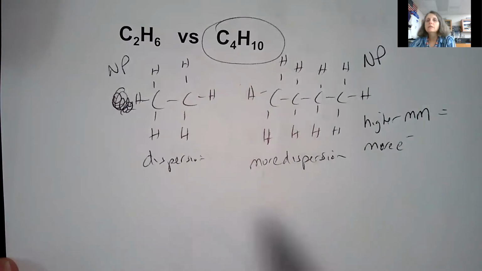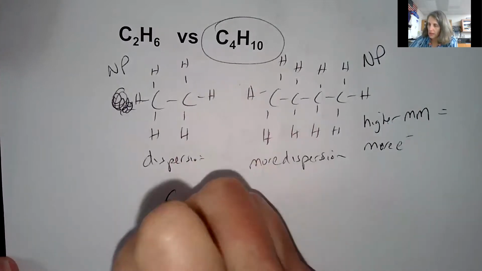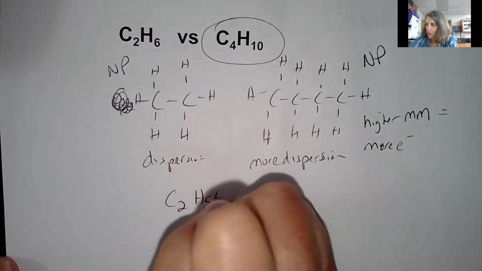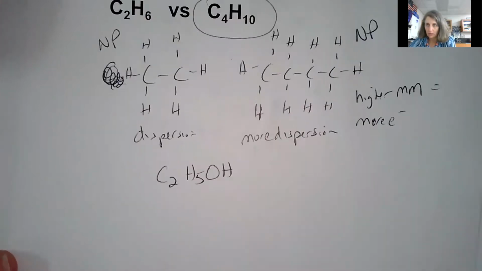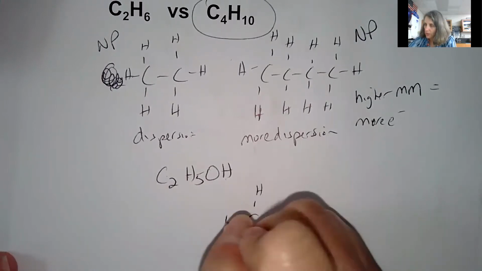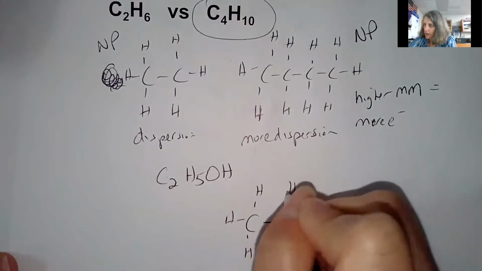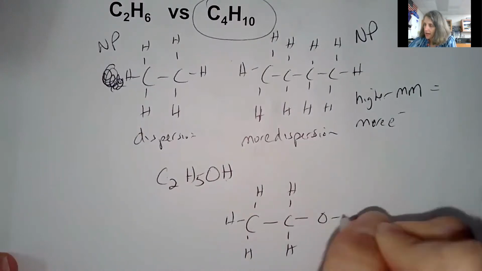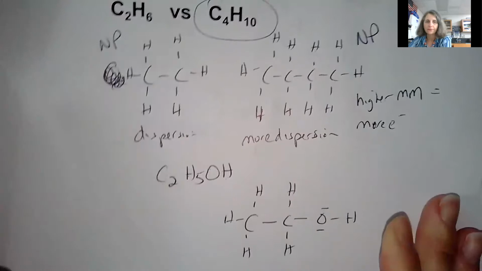So in conjunction with that, okay, another molecule, C2H5OH: 2 carbons attached, and then I'm going to put 3 hydrogens here and 2 hydrogens here, and then an oxygen and a hydrogen there, okay?